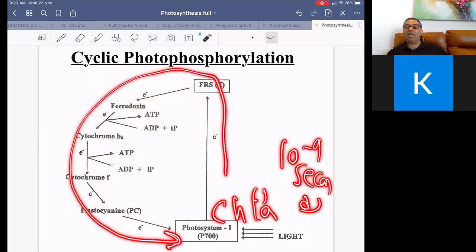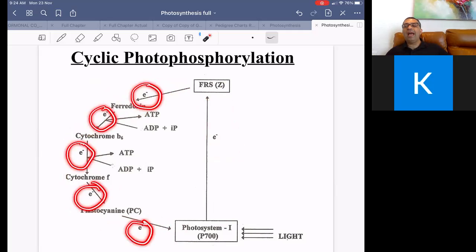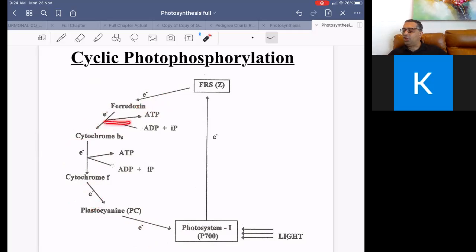It is such a fast process. And while the electron is passing from one electron donor to another electron acceptor, energy is liberated from the electron, and that liberated energy combines with ADP and inorganic phosphate to form a molecule called ATP.